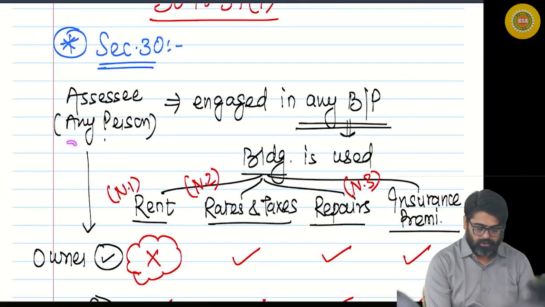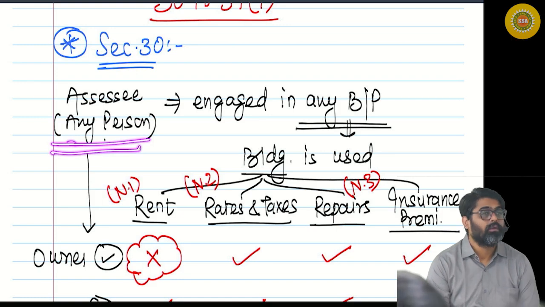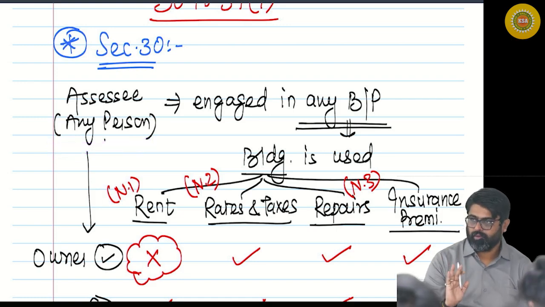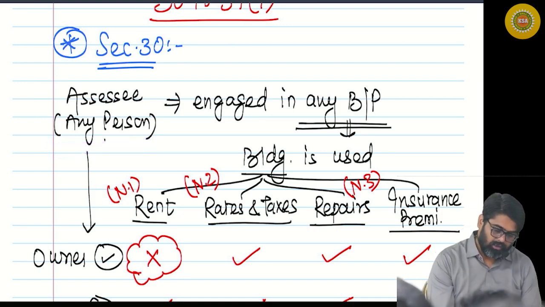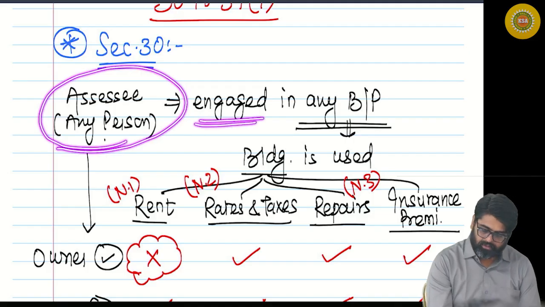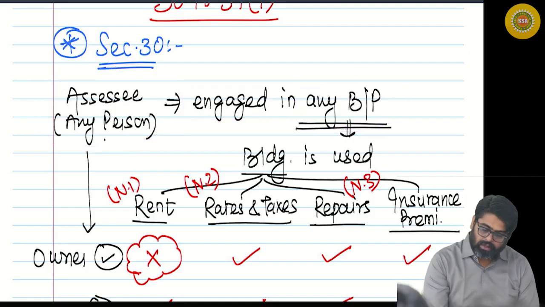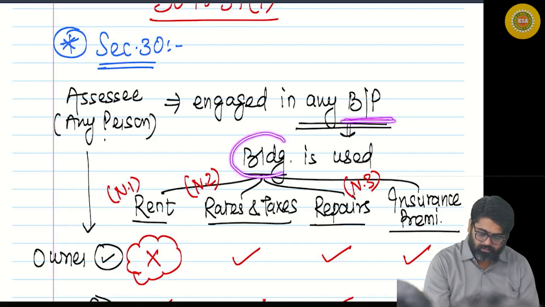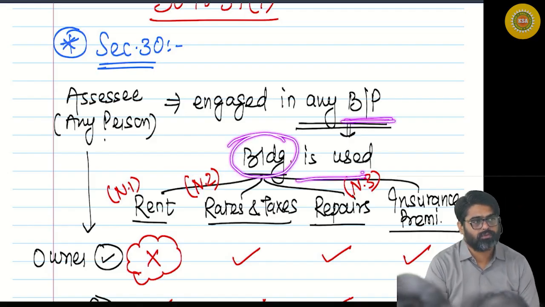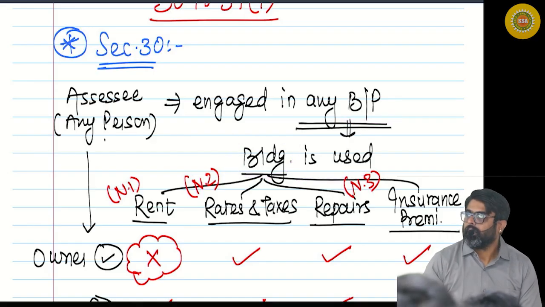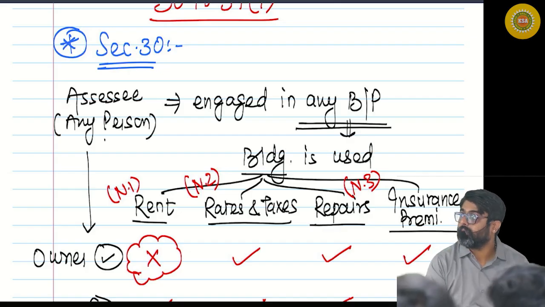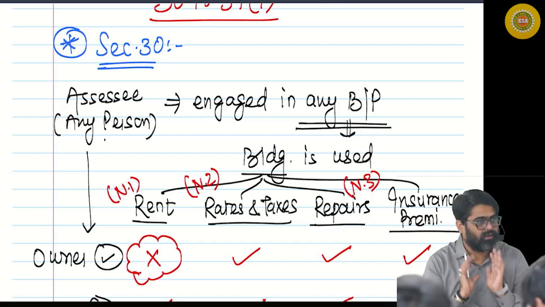30. If you are an assessee, you are any person doing business or profession. So assessee engaged in any business or profession. Now in that business or profession, if the building is used. Now tell me, KES Academy is having a coaching business.